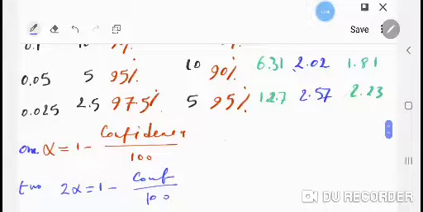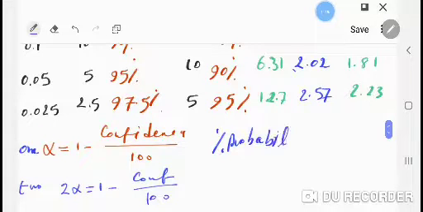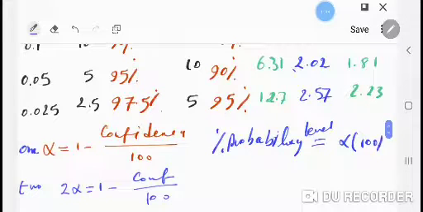For a one tail test, the percent probability level is alpha multiplied by 100, and for a two tail test this is 2 alpha multiplied by 100.